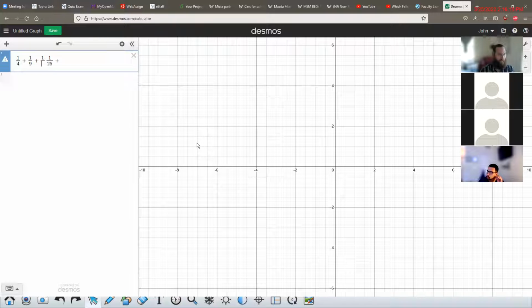We get 0.46361, and as a ratio, that is 1669 over 3600.